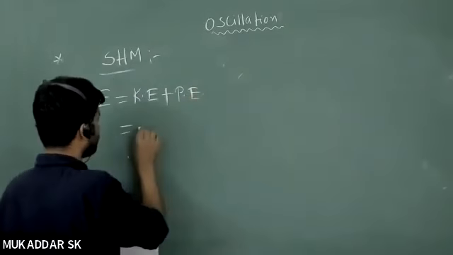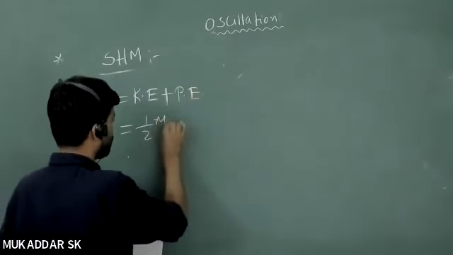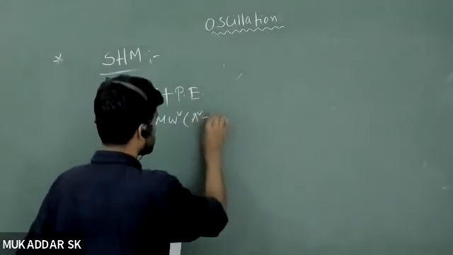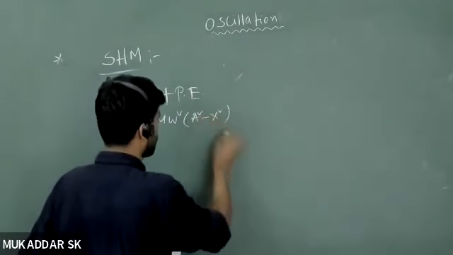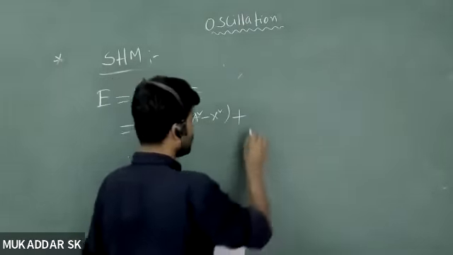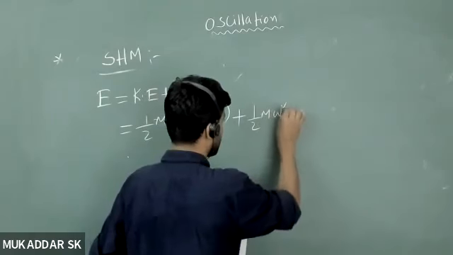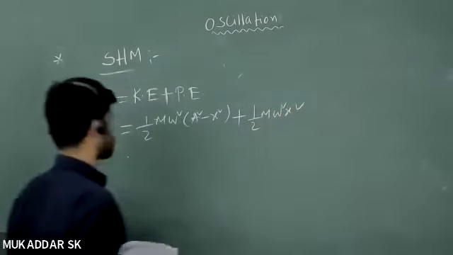So you have kinetic energy, that is half m omega square, then A square minus x square, and you have the potential energy of your oscillator, that is half m omega square x square.